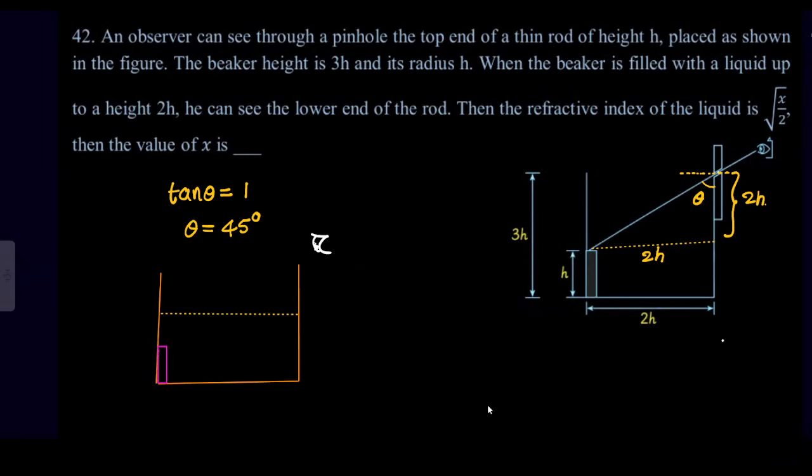That means the light rays which are coming here, up to H height there is no water, right? Thereafter the light ray has to bend towards the bottom now.